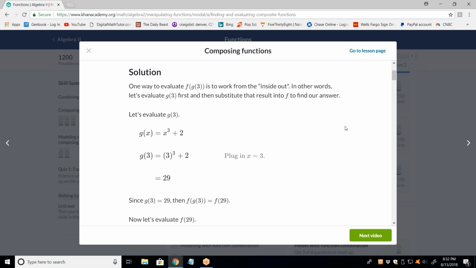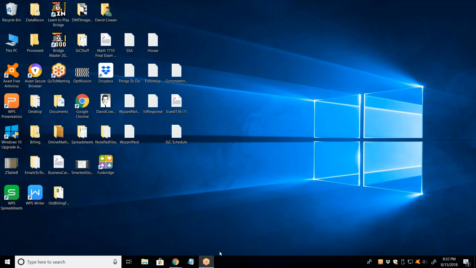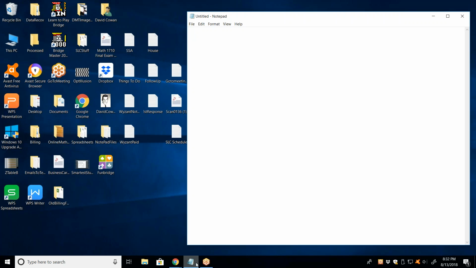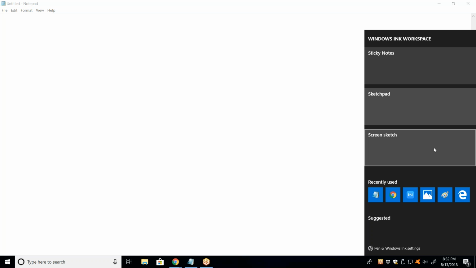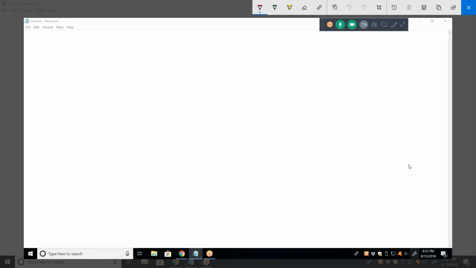This is hard. What this really is, is composite functions. Okay. And let me give you some examples, just so you know what we're talking about. I'm not sure they started with the easiest ones.